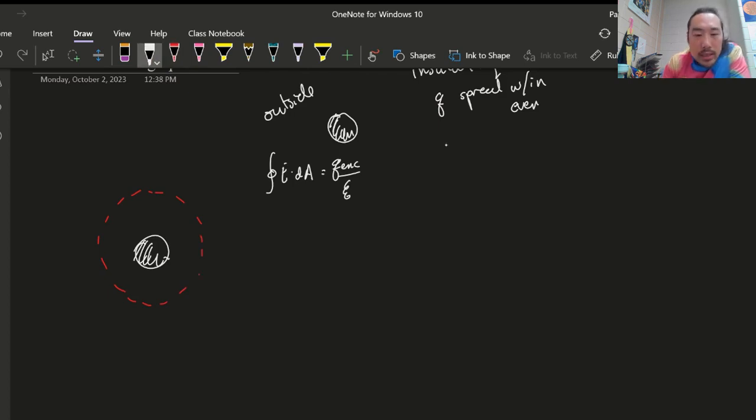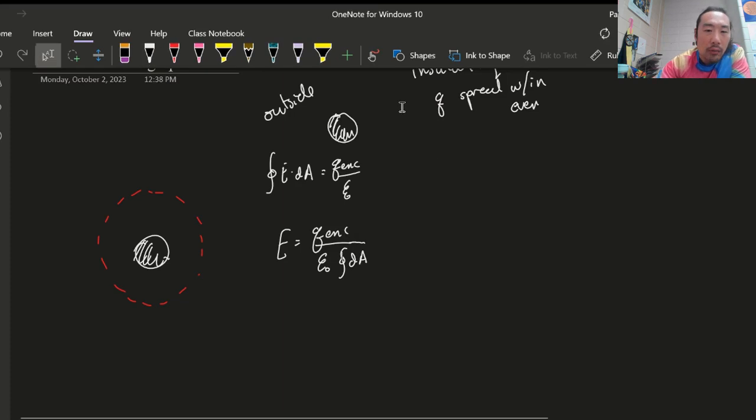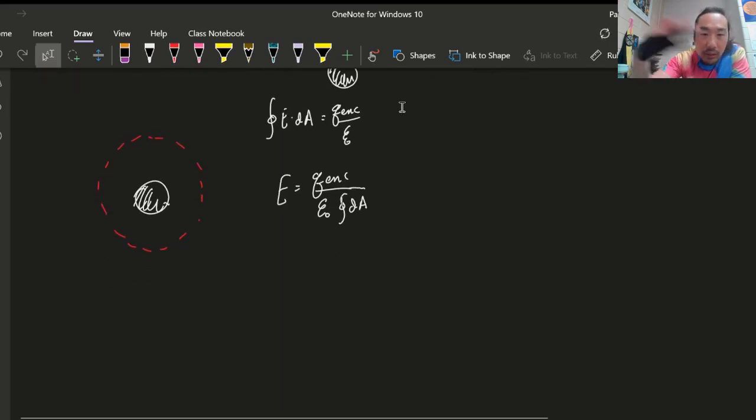We can say that the E field, which is what we're trying to find, we can rearrange the formula so it looks like this. Now, this might look a little funky to you, but it's important to know that each part of this formula has a very real representation of reality and nature.